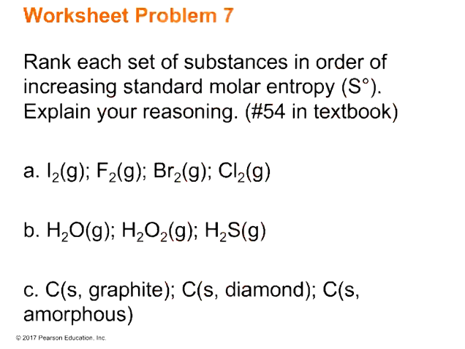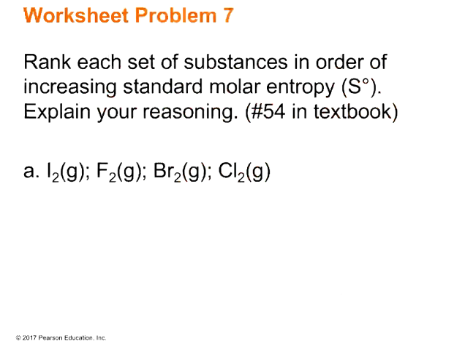All right, so let's start with A, and it looks like we have all of the halogens there. So we've got iodine, fluorine, bromine, and chlorine. All right. So what factors should we consider here? Should we consider molecular complexity?